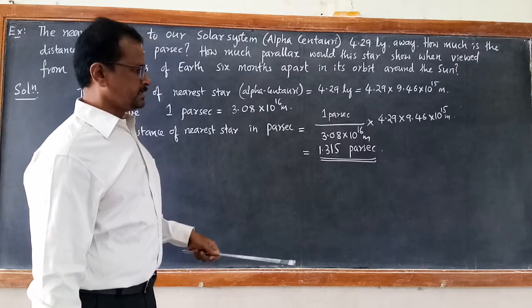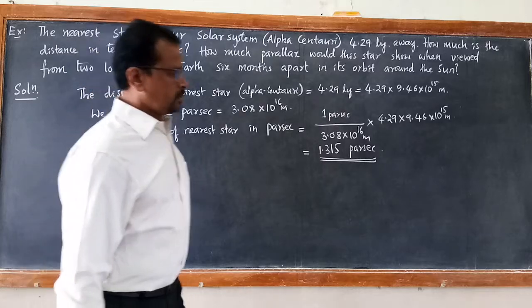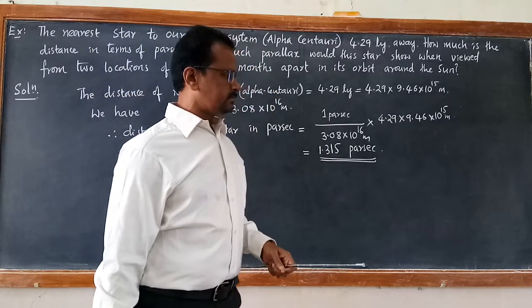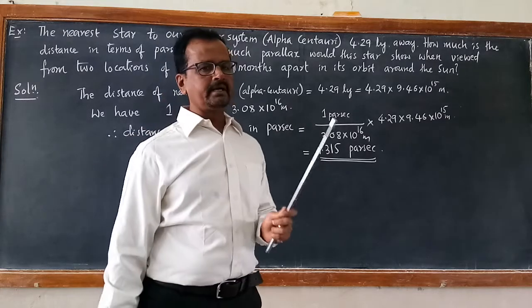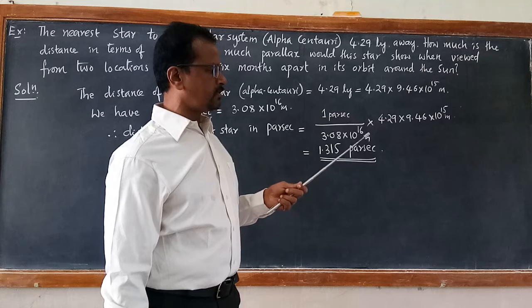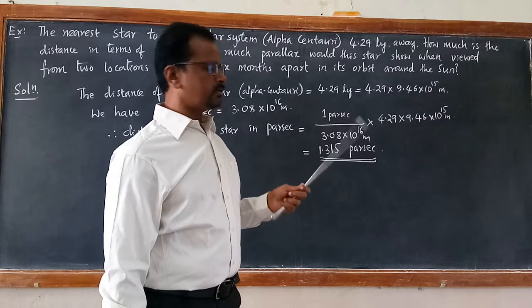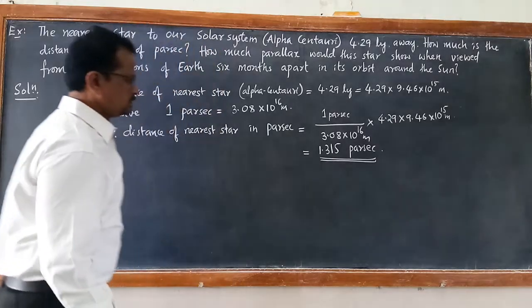You can also calculate this from previous conversion. I have told you how to convert parsec into light year. 9.46 into 10 to the power of 15 meter equal to 1 light year. Therefore, 3.086 into 10 to the power of 16 meter equal to how many light years?